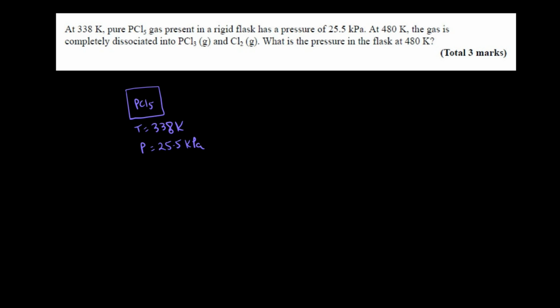So the volume of the gas container remains the same because my container is the same. It's a rigid container, it will not change the volume. So the volume is the same, V. The PCl5 decomposed into PCl3 and Cl2 inside this. So we need to find the pressure now when it decomposed.